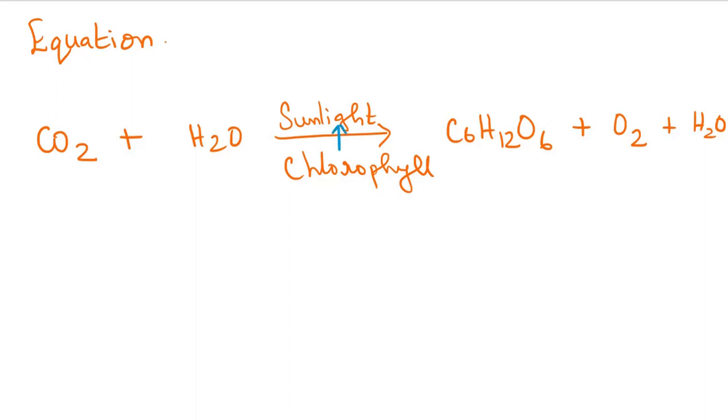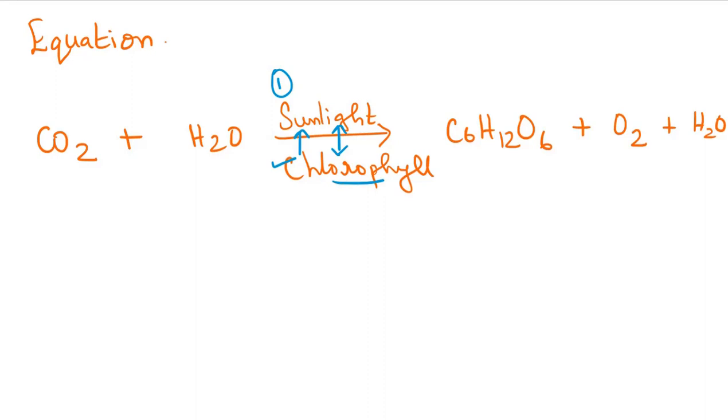Sunlight and chlorophyll are related because chlorophyll traps the sun's energy. So, absorption of the sun's energy by means of chlorophyll is the first event of photosynthesis.